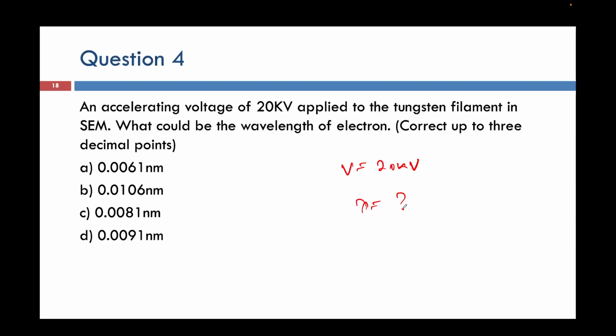As a hint, you can use the de Broglie relationship, and you can use the energy and wavelength relationship, and you can combine those two. Then you can also use the relativistic mass that I told you about a few classes back.